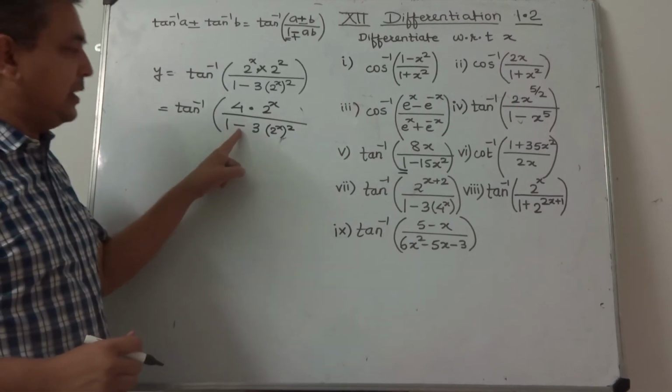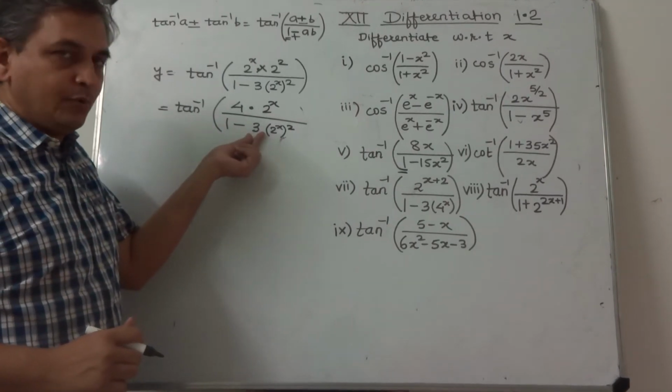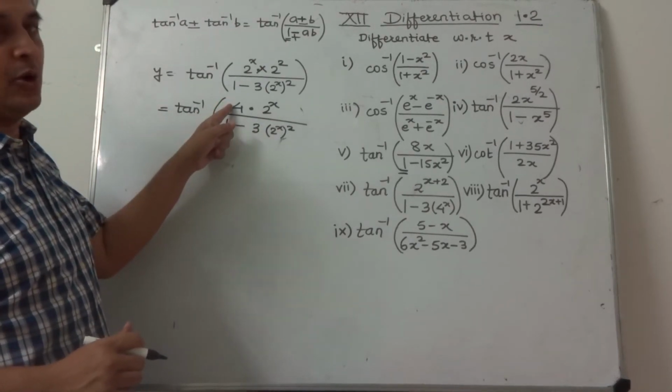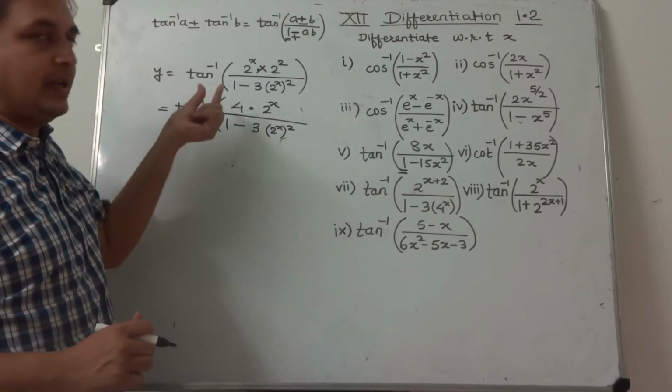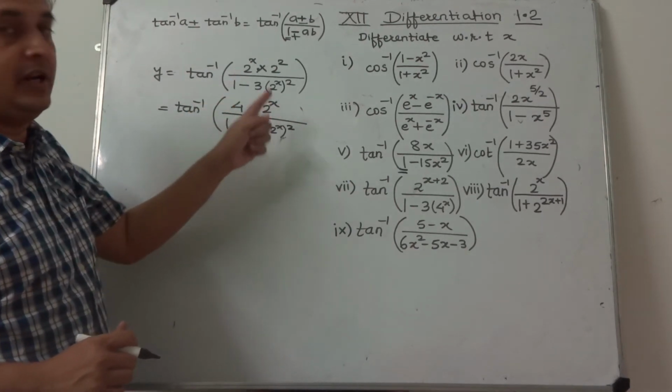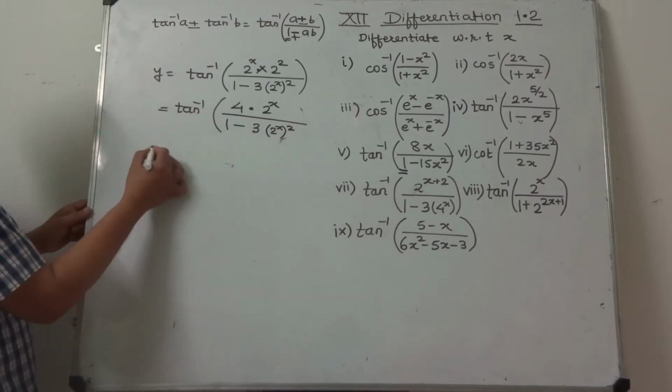Now 1 minus, this is product of two numbers 3. Since this is minus, this should be addition of two numbers. So 4 can be written as 1 plus 3. It is 1 times 2 raised to x plus 3 times 2 raised to x. So let us see what we can write.